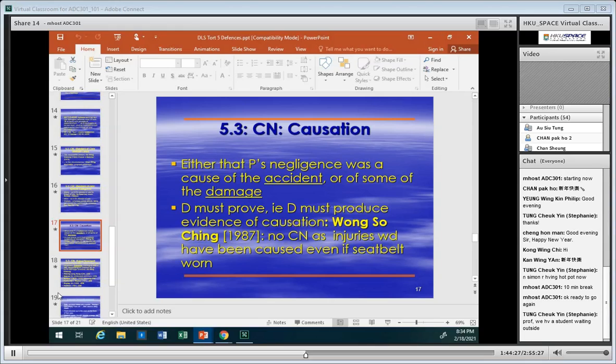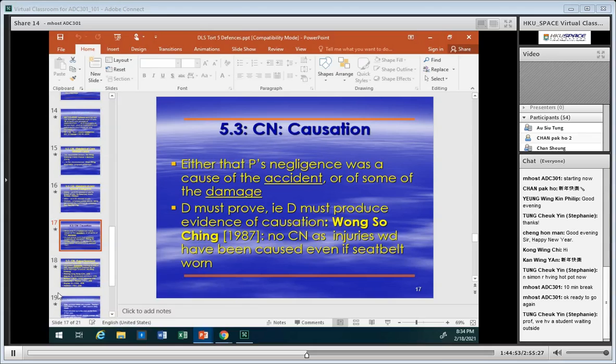She was not wearing a seatbelt. Okay, so you could argue she didn't come up to the requisite standard of care, yes, but what about causation? In the Court of Appeal, the court found that the defendant had to prove not only that the plaintiff didn't come up to the required standard of care, but also that there was causation.